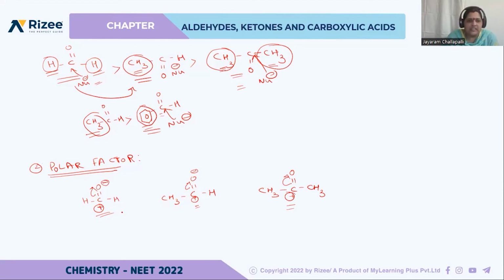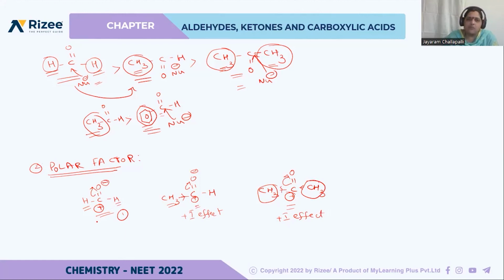But in this first case, no one is there to give electrons to this carbon. In this case, the methyl group somewhat tries to give electrons to this carbon by the plus I effect. In this case, two CH3 groups try to give electrons to the positive carbon atom, again by the plus I effect.